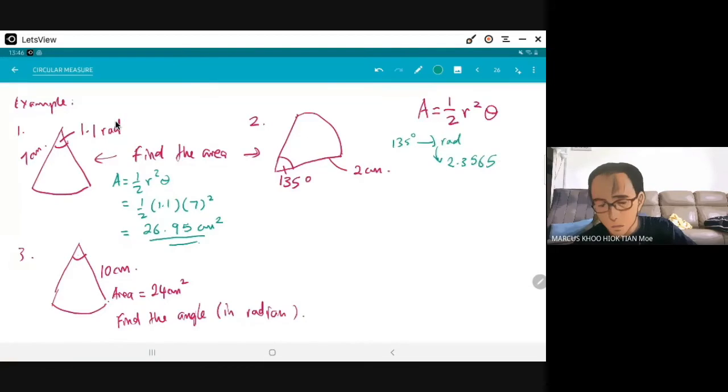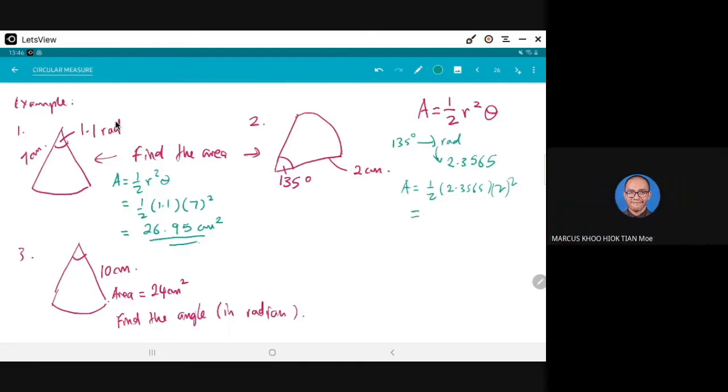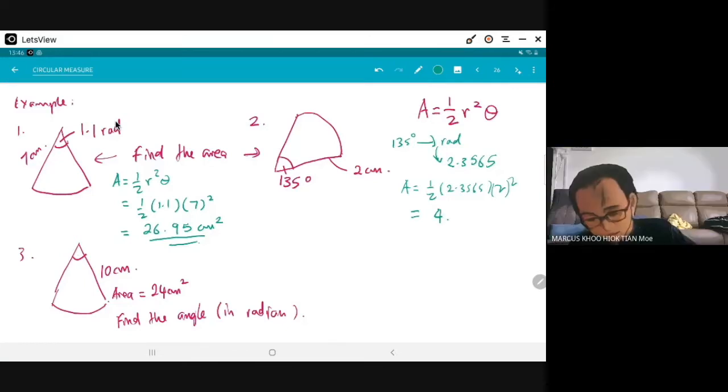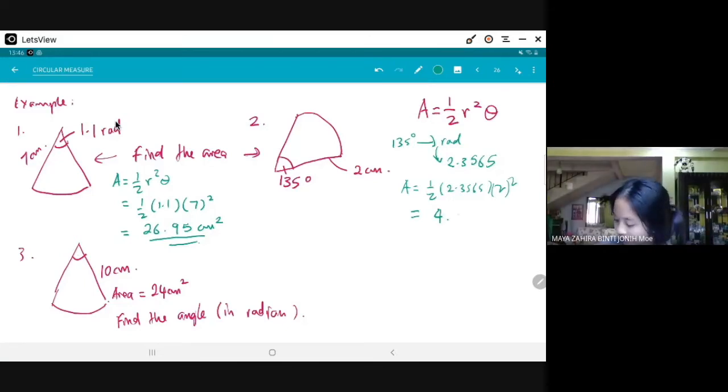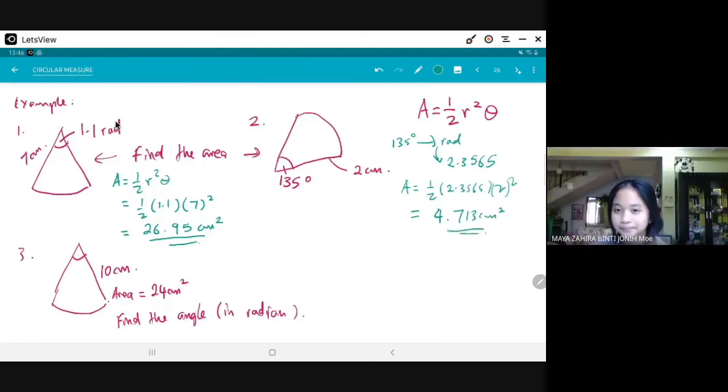Very good. So what is the area? Area 4.713 cm square. Sorry, I didn't hear what you say. What did you say? The area answer. 4.713. Okay, don't forget the unit. Square. All right, thank you.